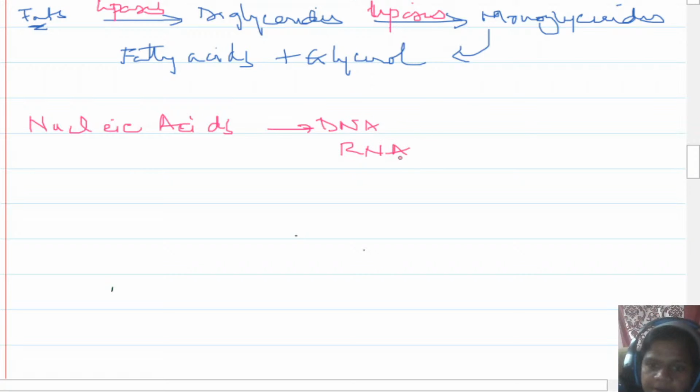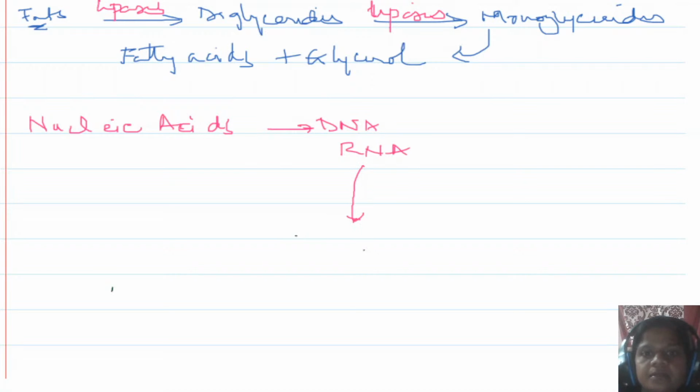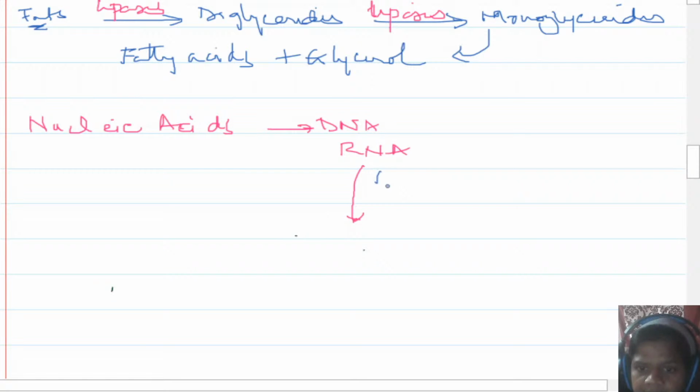These are acted upon by DNAases and RNAases, and they are converted to nucleotides.